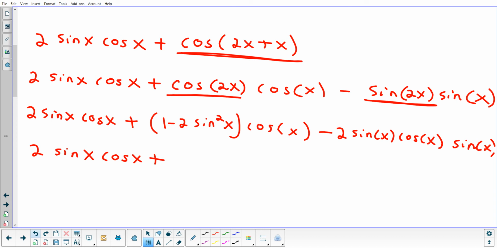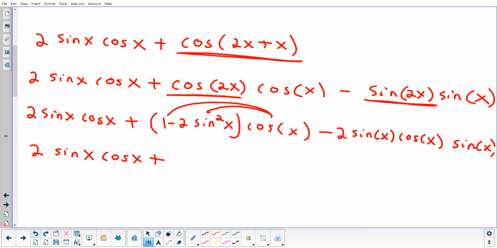I also want to look, before I keep going, am I going to end up distributing that cosine? I think I am. So if I'm going to distribute that cosine, it probably makes sense to do it in this step, so I don't have to rewrite it again just to do that. Again, I'm just kind of thinking as I go. And then I think we might see something that could cancel, or let's see.